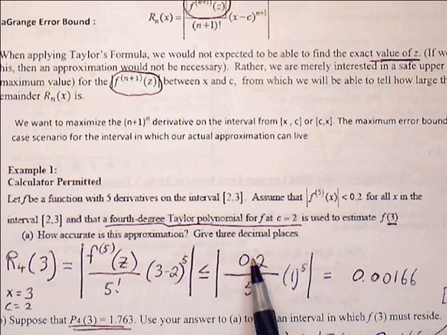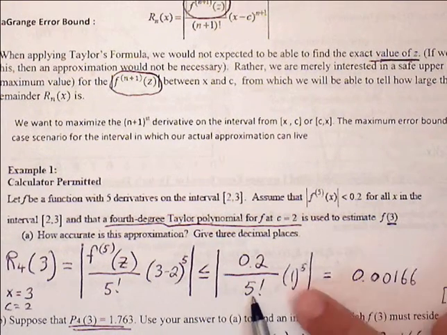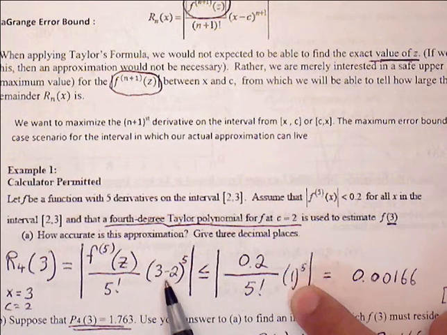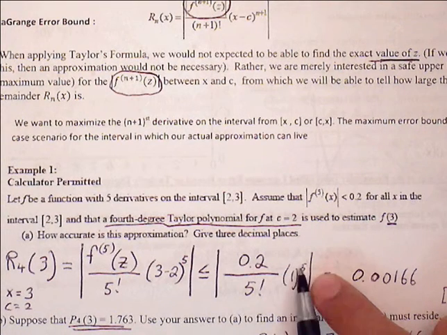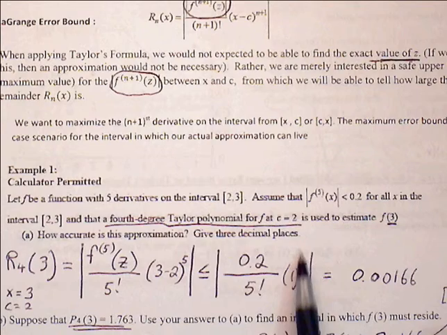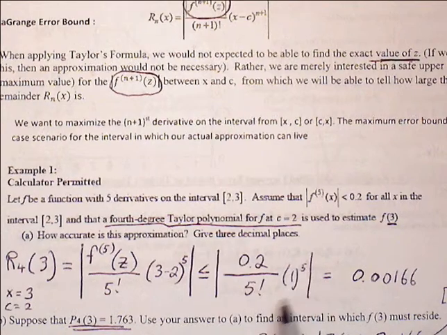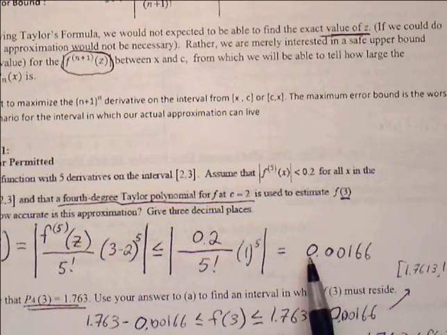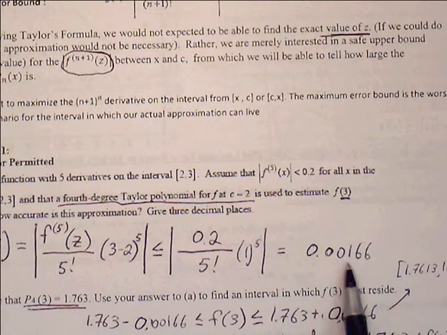So 0.2 over 5 factorial. 3 minus 2 is 1. 1 to the 5th is 1. So if we plug this into the calculator, we know that the remainder has to be less than 0.00166.